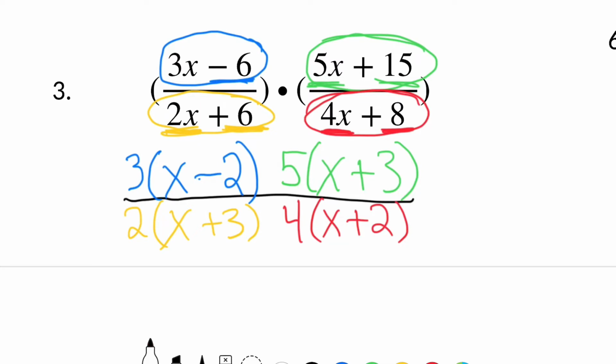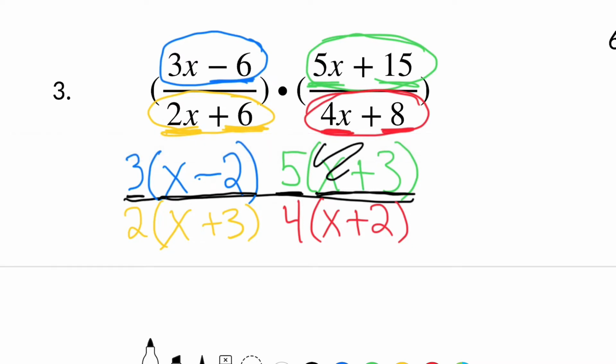So I'm asking myself, is there 3 in the numerator and denominator? No. Is there x minus 2 in the numerator and denominator? No. Is there a 5 in the numerator and the denominator? No. Is there x plus 3 in the numerator and denominator?